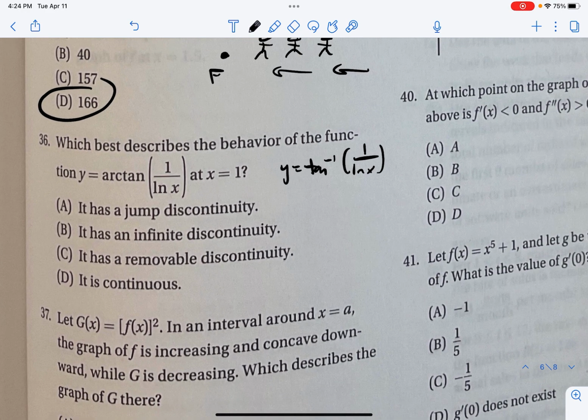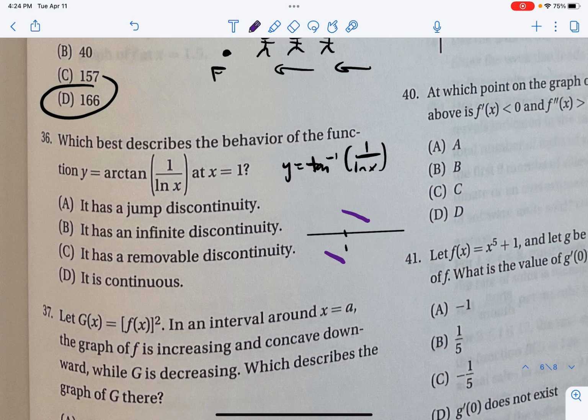So what this looks like on my graph, and we'll need to think if this makes sense. Here's 1, and it looks like it's doing this. Right? It looks like it has a jump discontinuity, and we want to figure out, does that actually make sense? Or is this a calculator issue? What I'm going to do is zoom in to see if these change.